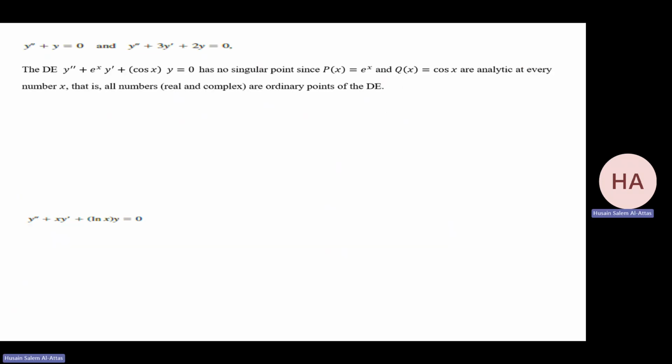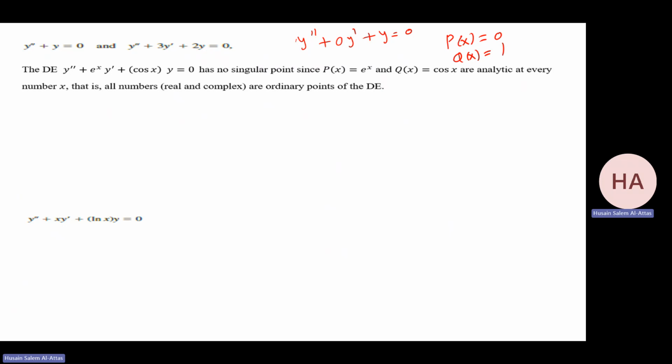Let me do it by example. Look at this one: y double prime plus y equals 0. We don't have y prime, so it's 0 times y prime plus y equals 0. What is my p of x? 0. My q of x? 1. These are differentiable everywhere, so they can be represented by a power series.